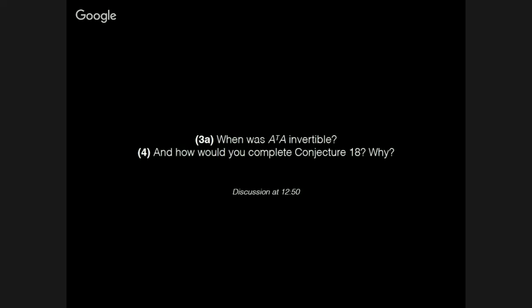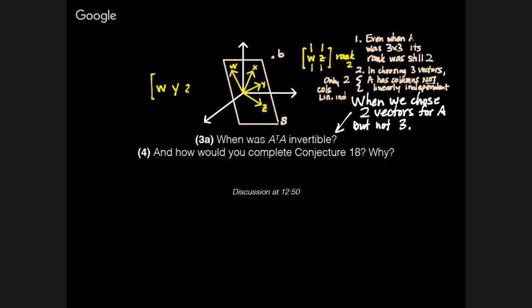But if I choose 3 of them, let's say W, Y, and Z, the rank of that matrix is still going to be 2.